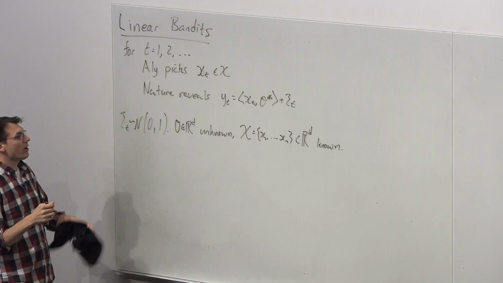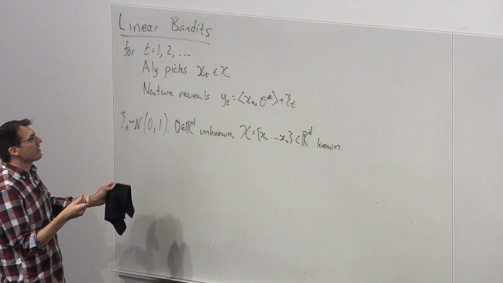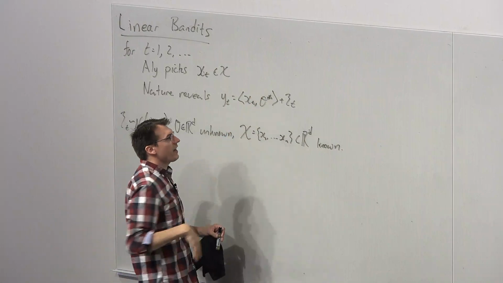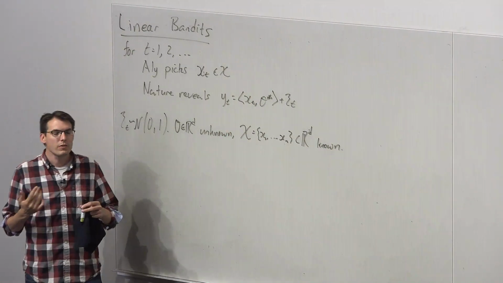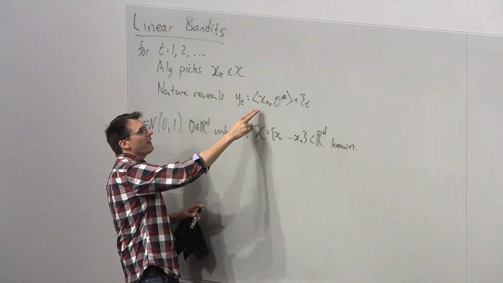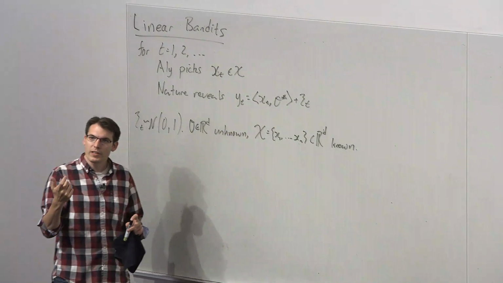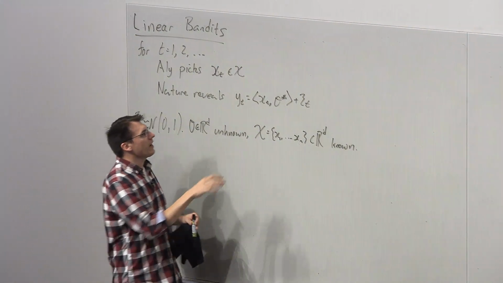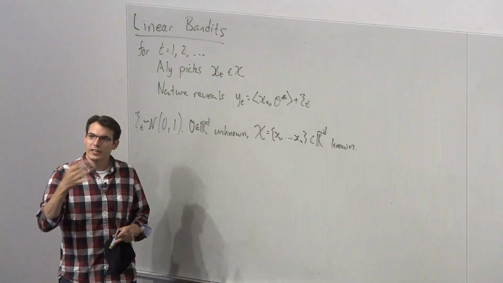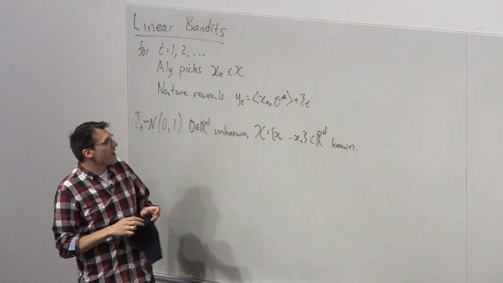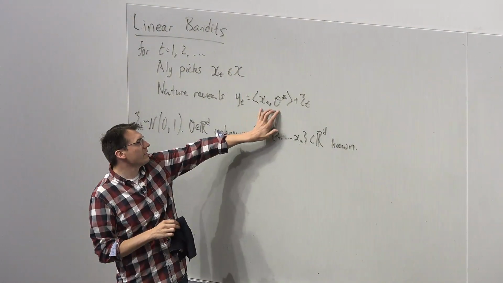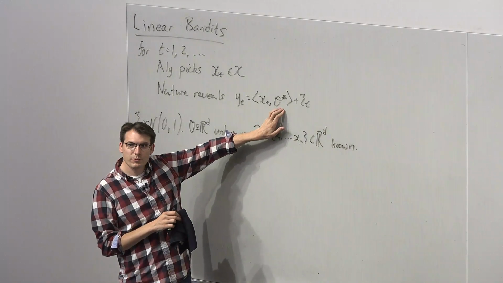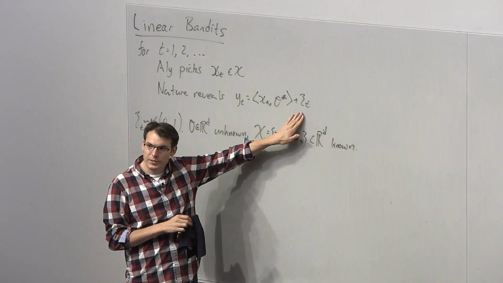And again, to remind you of the motivation here, it's like you go to Netflix, you have some preference vector that is describing your preferences over movies or whatever, and xt is a particular movie with different attributes or features like genre or actors or whatever, and the result of whether you like it or don't like it, rated 1 to 5 stars or whatever, is modeled as this linear relationship between the feature vector of the movie and your preferences, which are theta star, plus some noise.